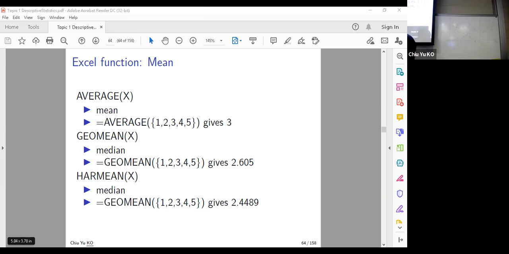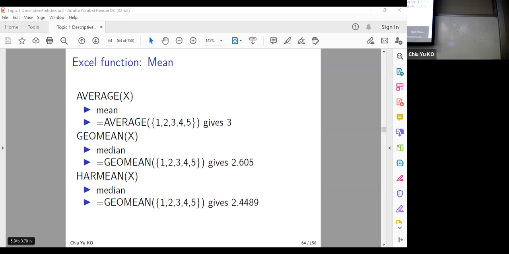Any question? So that's for the average. Now we want to talk about the weighted mean. In Excel, you don't have a weighted mean function.